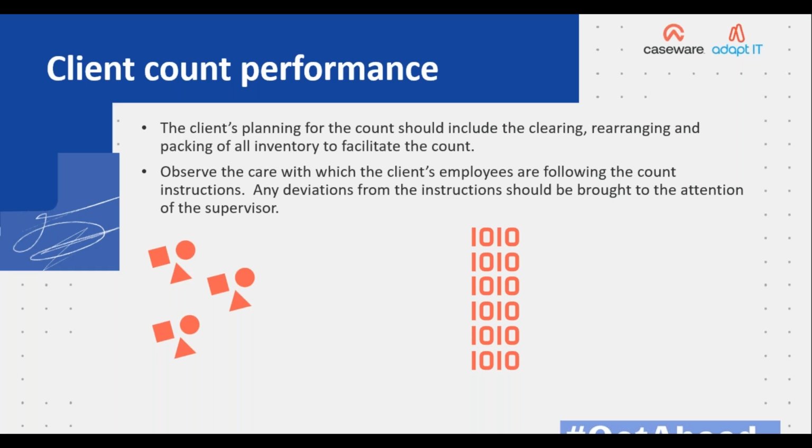Now, if you think of when the inventory count is not arranged, let's think of that scenario. Can you be sure that all the items were counted, or that the items that are the same are all together?